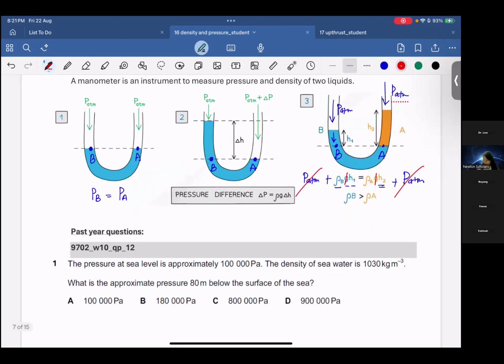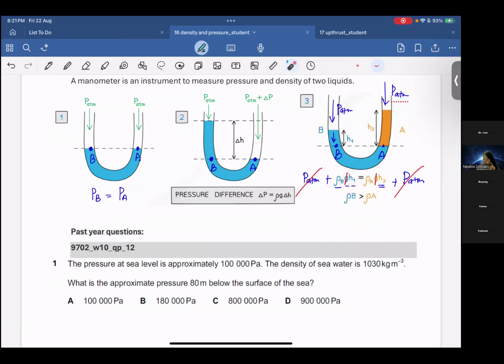Okay, so at here, you will find that H1 is the lower, smaller height. This smaller height means that the density for liquid B is actually higher. Density for B is higher. So the H here is the smaller height.